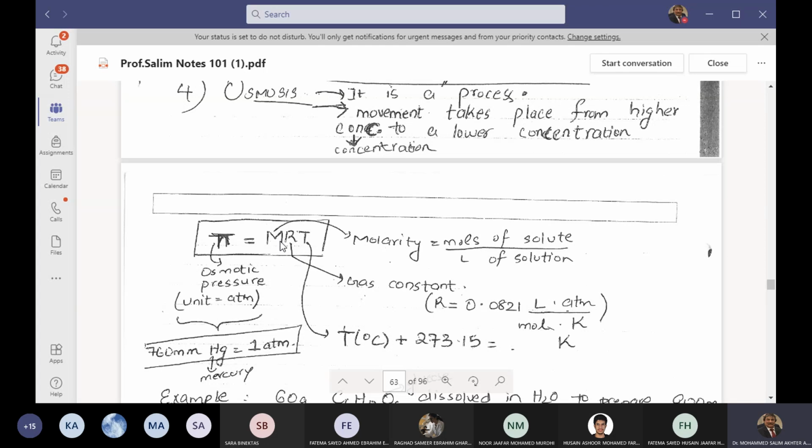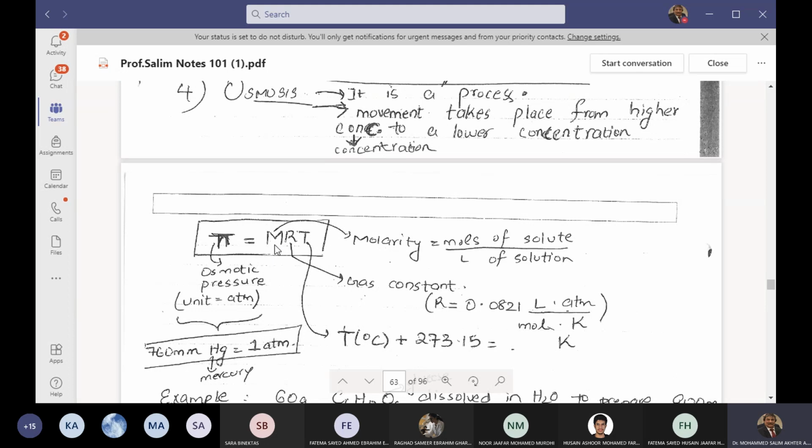In osmosis, pi equals MRT, where pi is osmotic pressure. The unit is millimeter mercury, but you have to convert into ATM. So the unit for pi is ATM. Capital M is molarity.